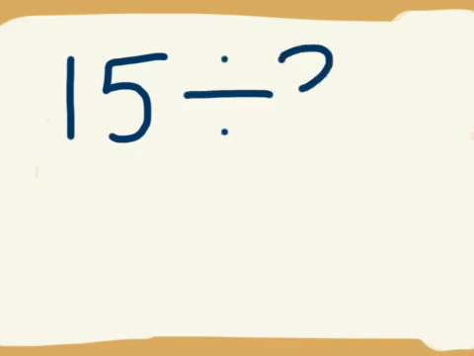So, previously we learned that division just involves grouping items. So for example, if I had 15 items and I wanted to put them into groups of 3, I would take those 15 items and begin grouping them into groups of 3.